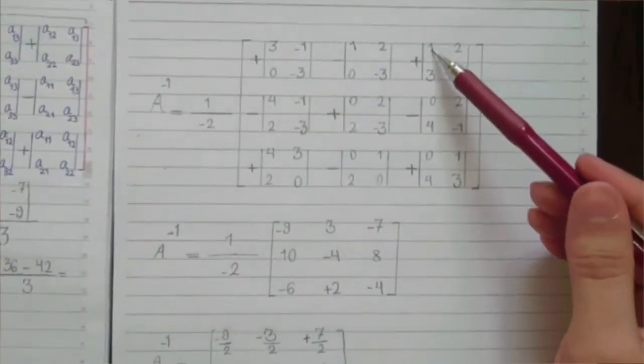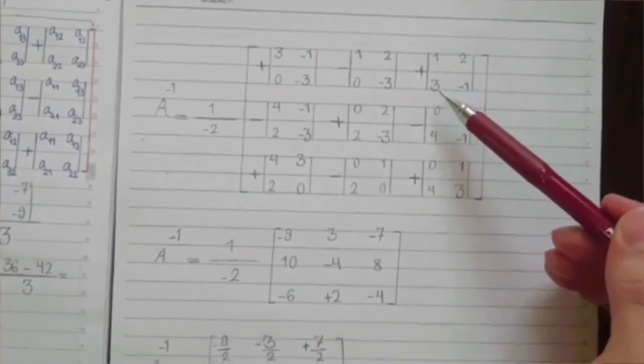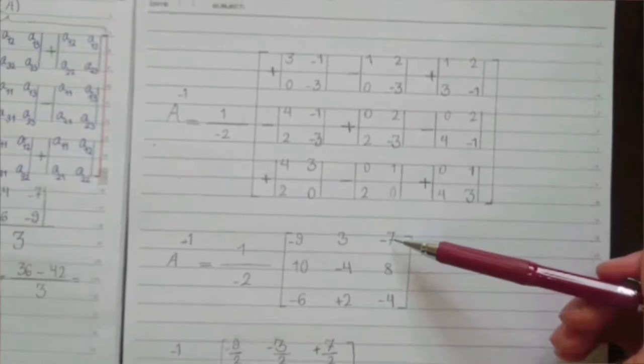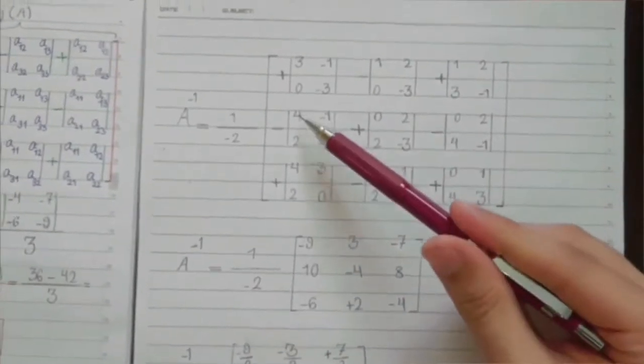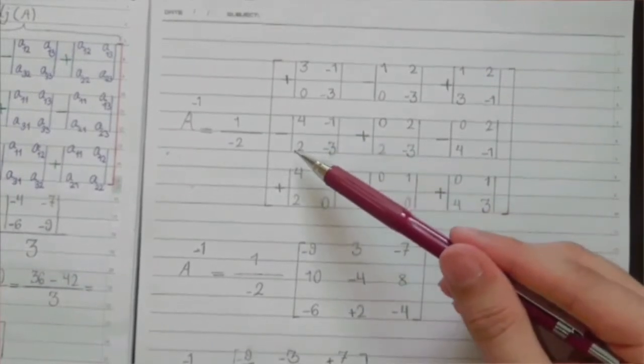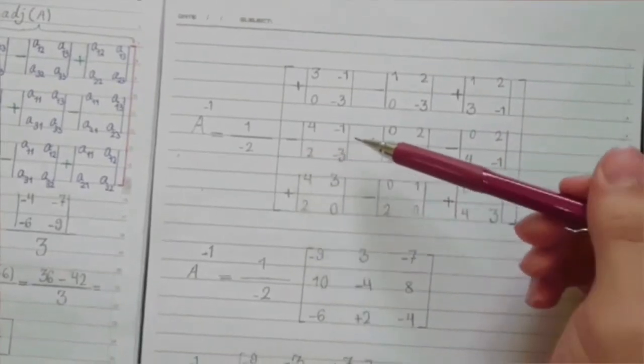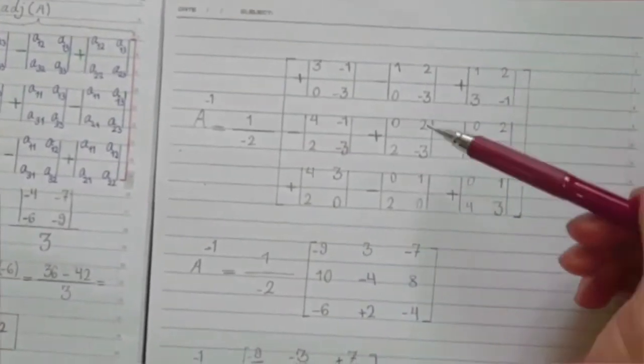And here we have 1 times negative 1 minus 2 times 3, which is going to be negative 7, and here 4 times negative 3 minus negative 1 times 2, which is going to be negative 10. Actually, we have another negative here, so negative 10 is going to be 10.